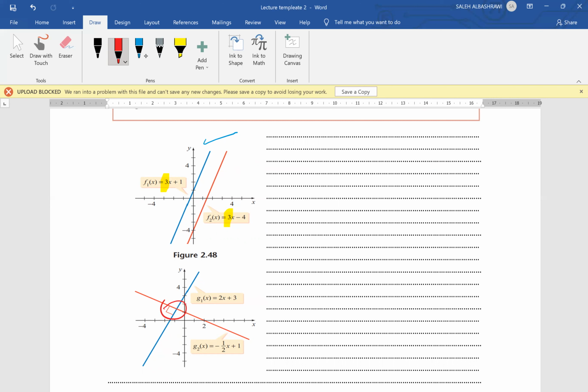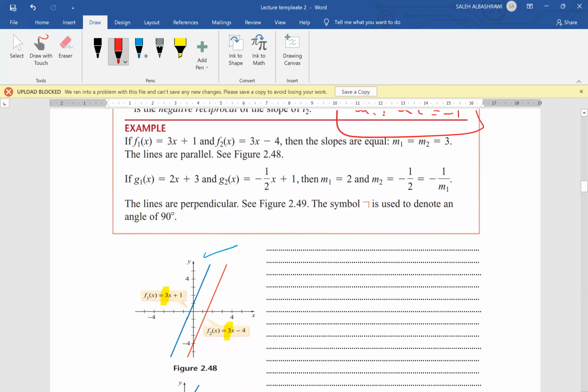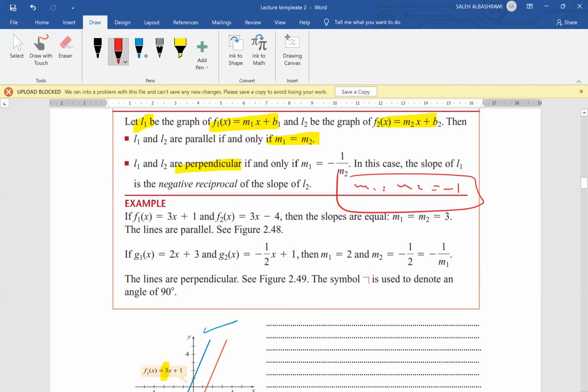So these are perpendicular. We can say again, they are perpendicular if and only if m1 equals minus 1 over m2. In this case, the slope of L1 is the negative reciprocal of the slope of L2.